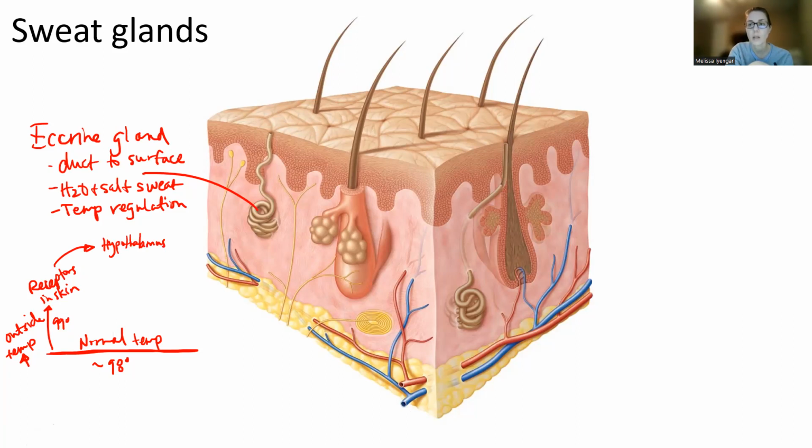It's the area of the body that sets the range value and then determines if you're within that range value. Once the hypothalamus determines we're not at the appropriate 98.6 degrees, it sends messages to what we call an effector, something in the body that helps us go back to our normal range. In this case, it's the eccrine gland.